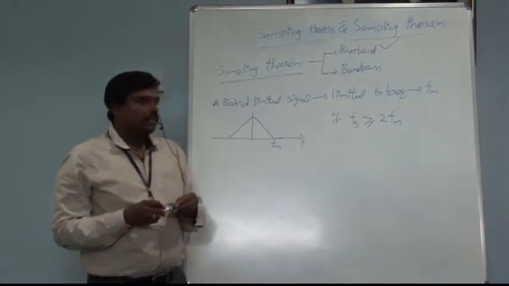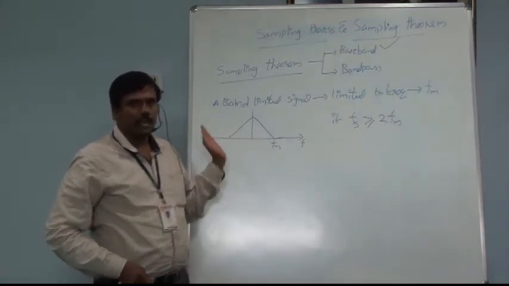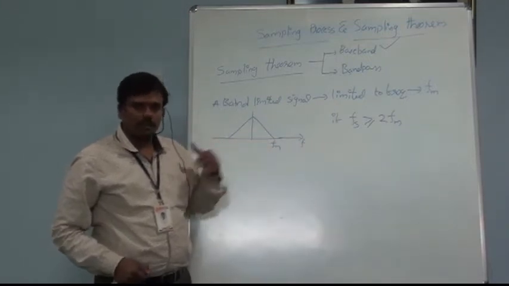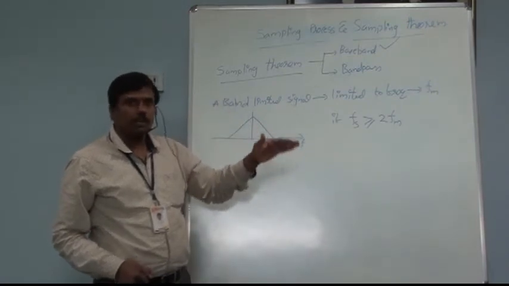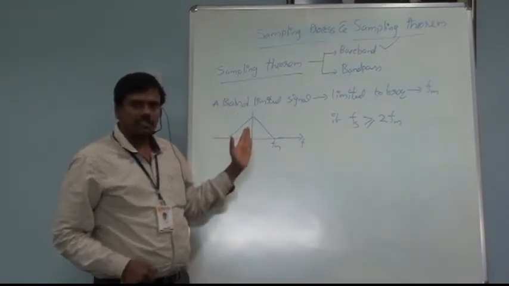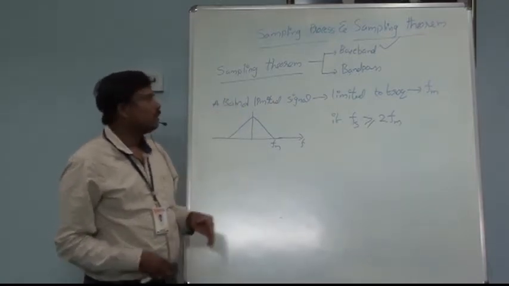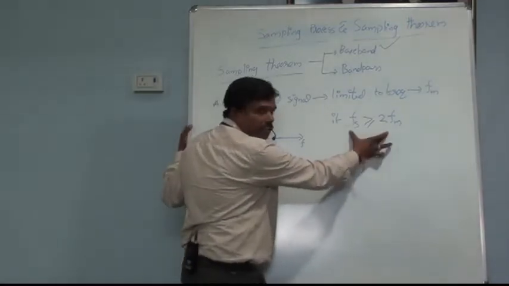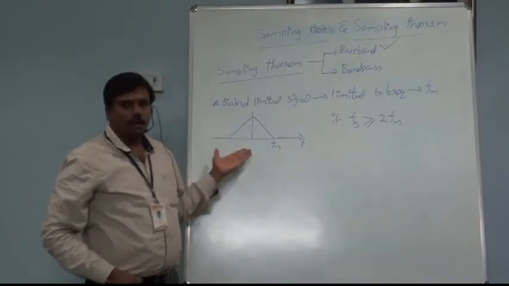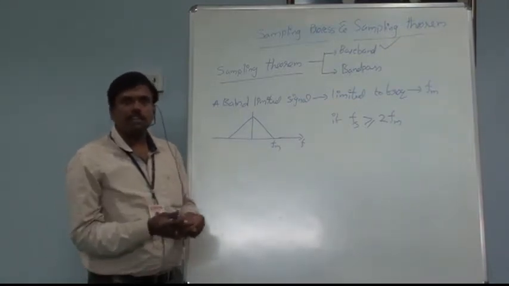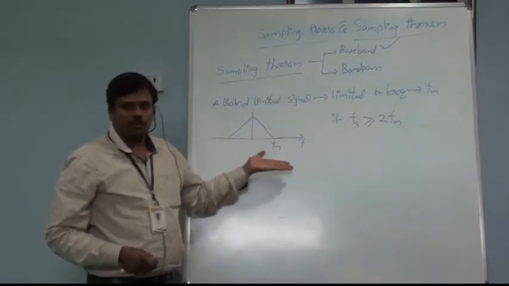That is nothing but what we have just seen, the sampling process. In the sampling process, we are converting analog to discrete. Now at the receiver side, we need to apply the reverse process, that is, from the samples we need to reconstruct our original information. If you do not follow this condition, you are not able to reconstruct the original information, and then the process is not useful, right?